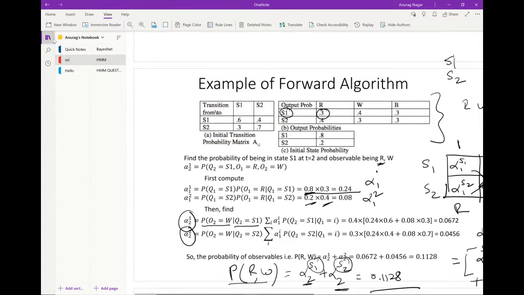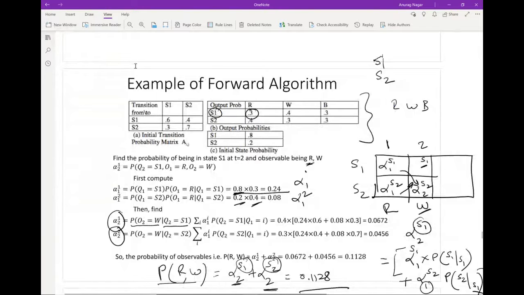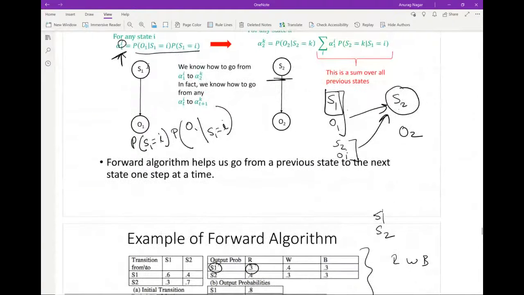Okay, let's look at a couple more things. What we have done is figure out the probability of the observables, OT, where T is going from 1 to final T. We have figured out how to do that.